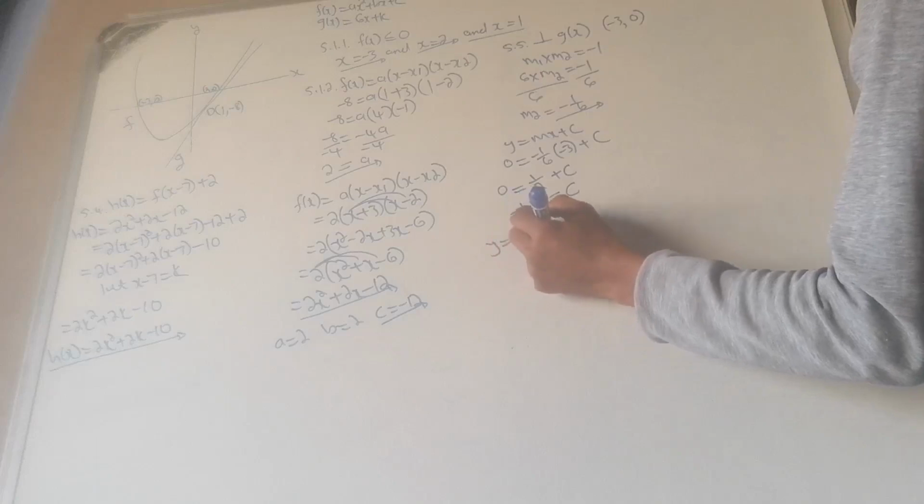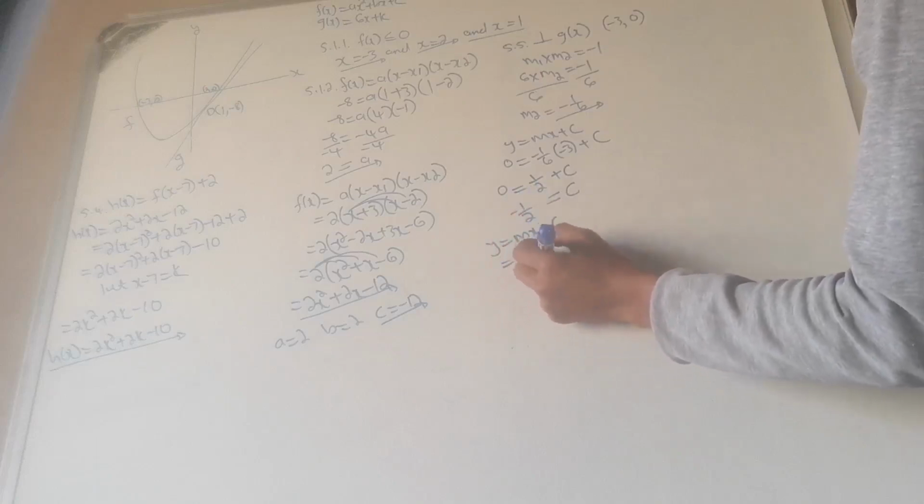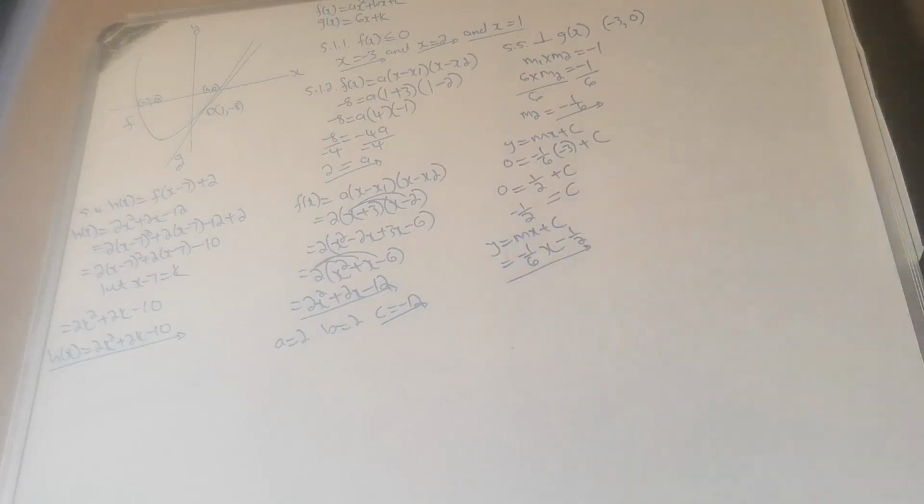So y equals negative 1 over 6 x minus 1 half. This is the equation in the form y equals mx plus c, where the gradient of that line is perpendicular to the gradient of g at x. This is how you will do it.